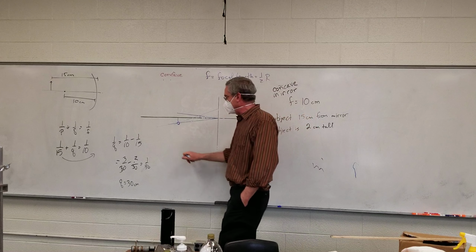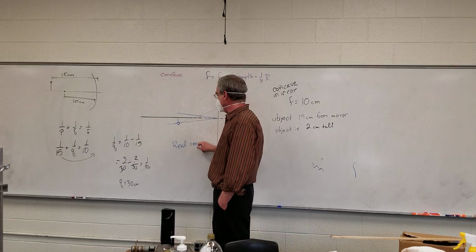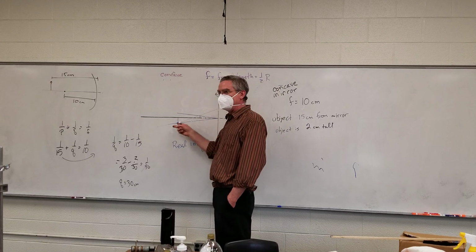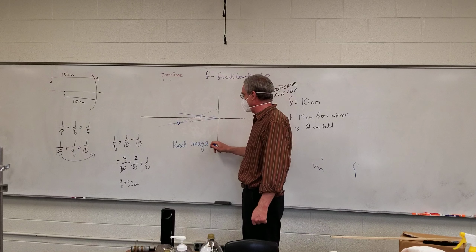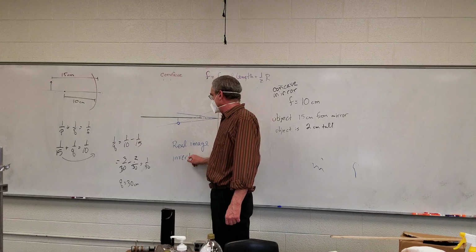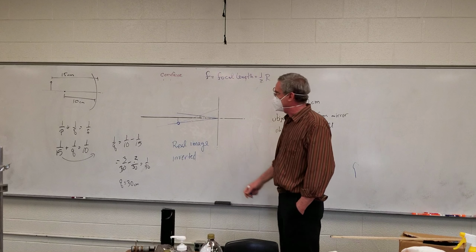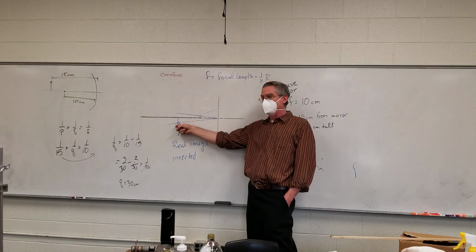It is a real image. And it's called a real image because the light rays actually do meet. It's not like they appear to meet, they actually meet. So real image. It is inverted. Because if my object is pointing up, my image is pointing down.